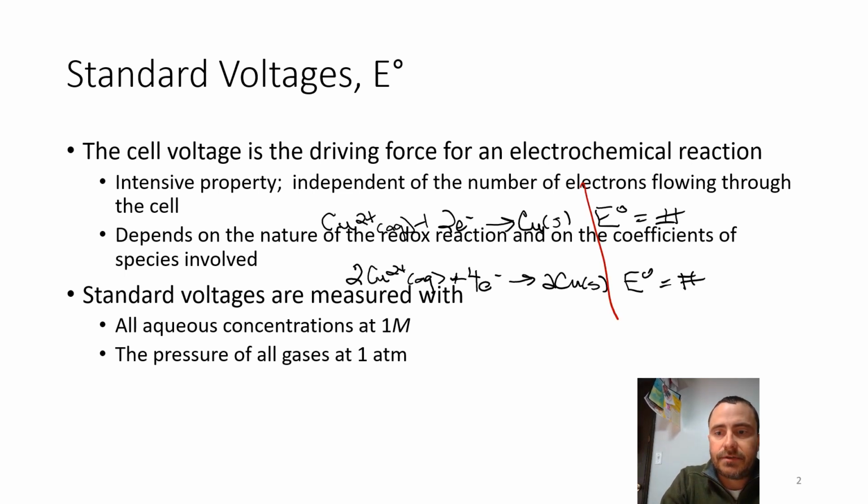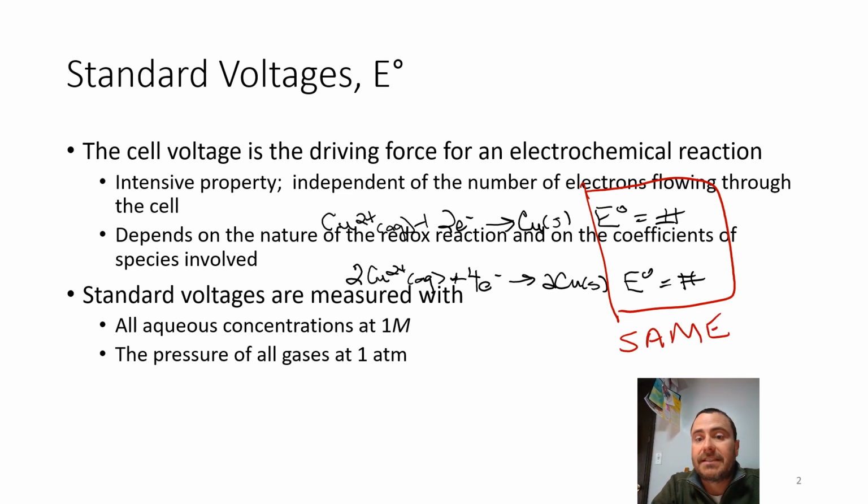And these two are going to be the same value. It's independent of the number of electrons flowing, so it doesn't matter whether we have the 2 electrons from our Cu2+ being reduced down to copper, or 2 Cu2+ being reduced down to 2 coppers and having 4 electrons flowing. The voltage is going to remain the same either way.